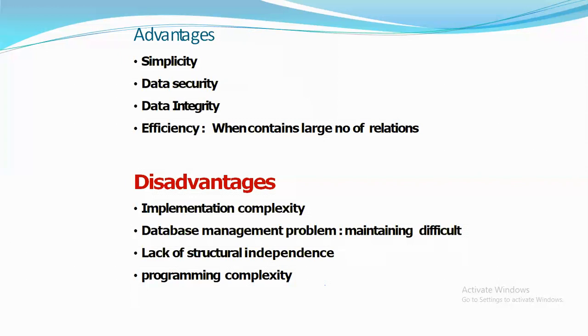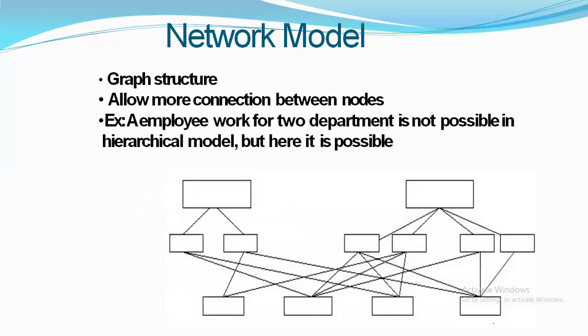The next model is the network model. In a network model, the data is represented in the form of graphs. In graphs, we have nodes and edges, and a line connects the edges. It is like a linked list. We can connect one node to another node through links.